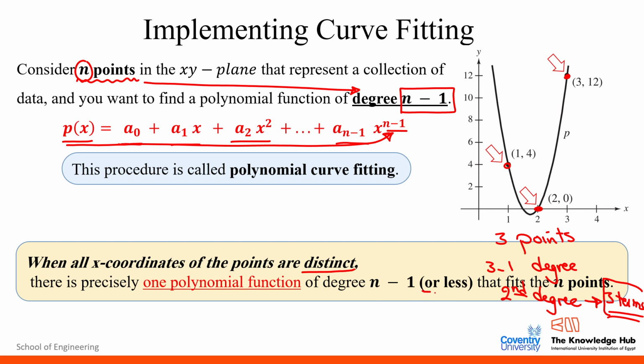So the main point here is I could have one polynomial function of n minus 1 or less that fits the endpoints. So if we have three points, I might have a polynomial function of second degree or first degree, or that's it.